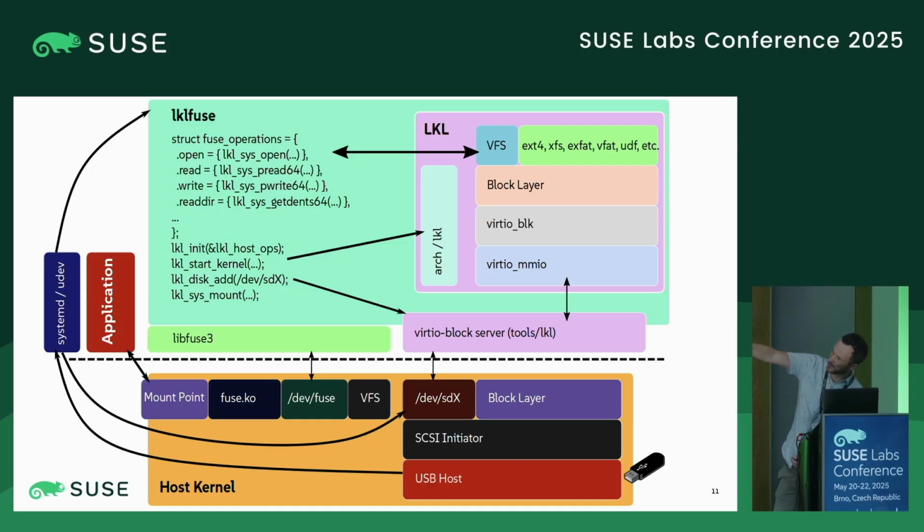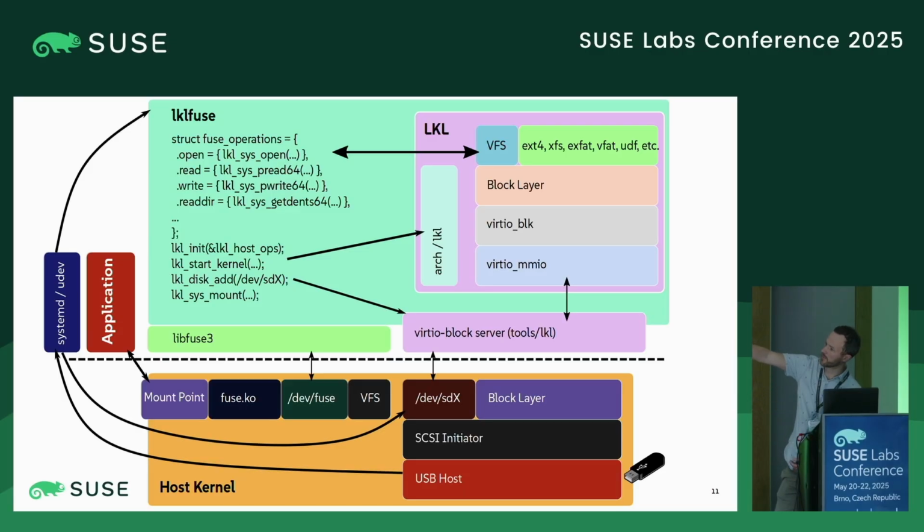Then on the lklfuse side, we start the kernel, calling into lkl to start the kernel, add the VirtIO block device, and perform the mount.